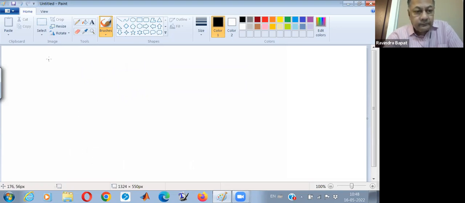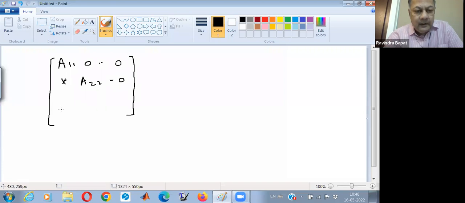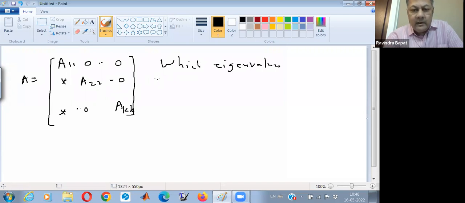Okay, so we first put it in Frobenius form. And so which eigenvalues have non-negative eigenvector?